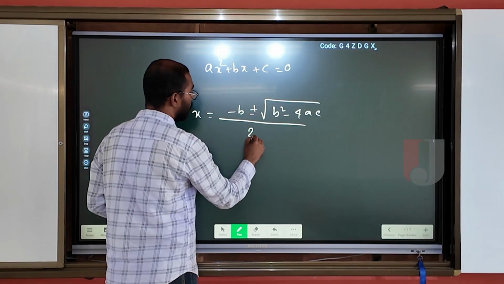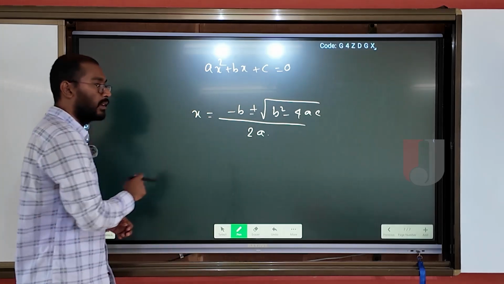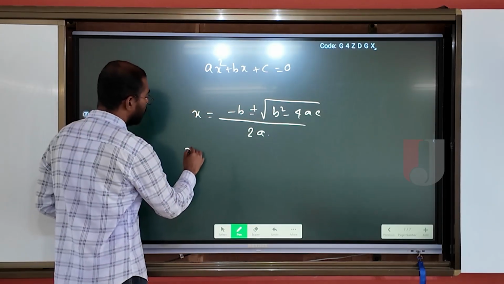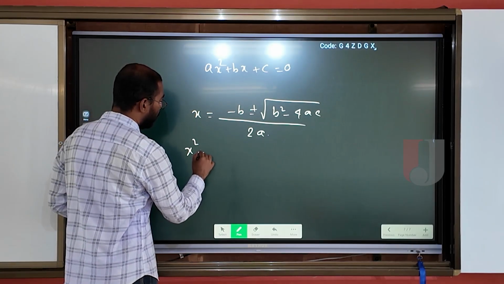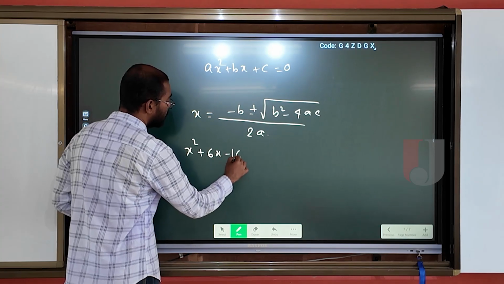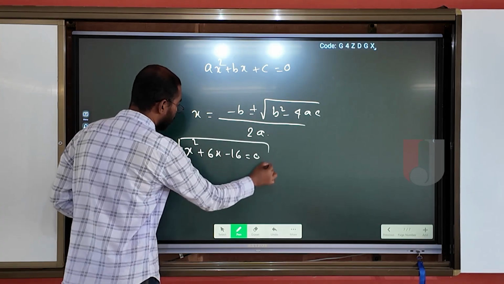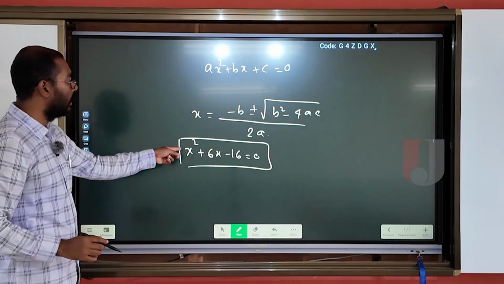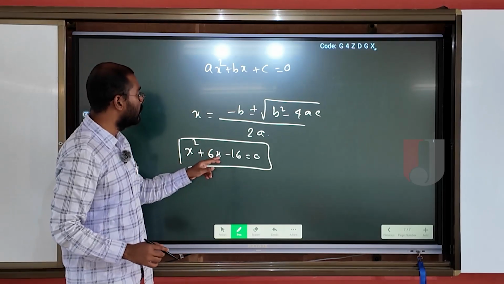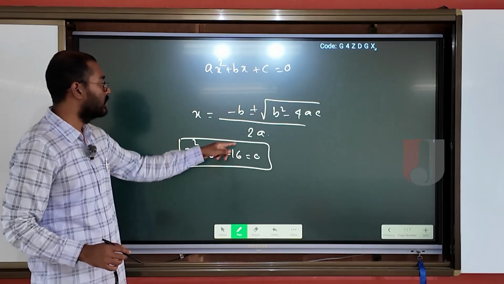In this particular case my equation is x square plus 6x minus 16 equal to 0. So a equal to 1, b equal to 6 and c equal to minus 16.